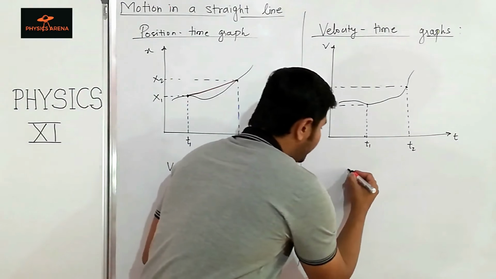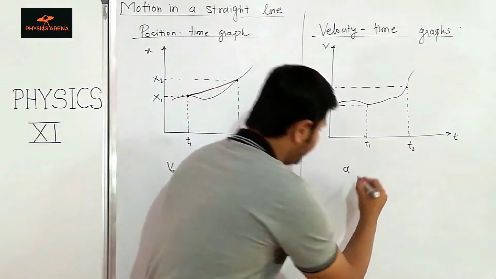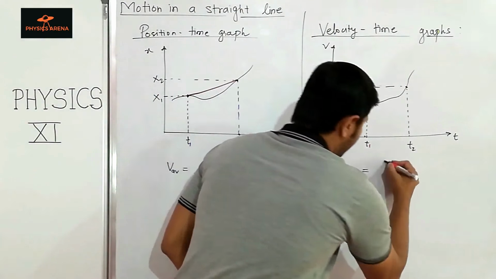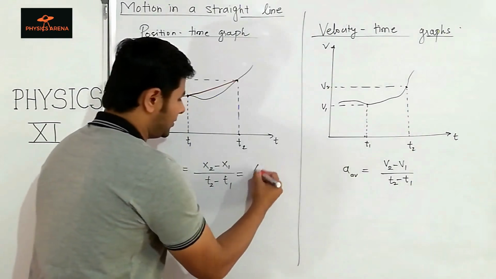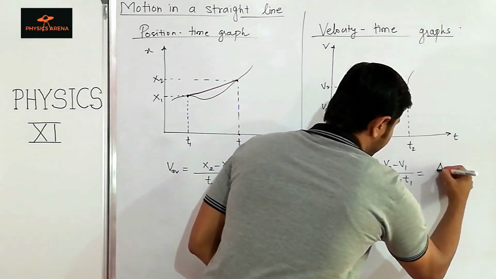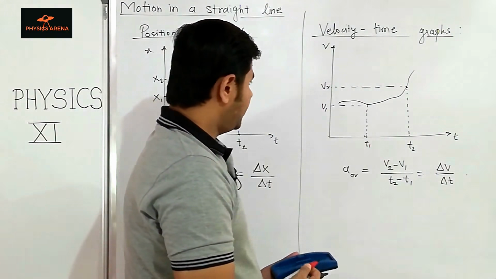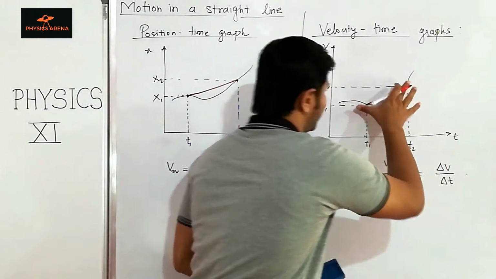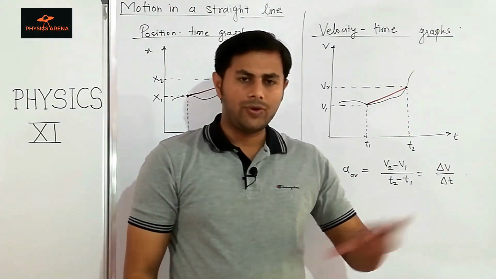If I want to find acceleration, and now this is average acceleration, so the suffix av is for average, a average is equal to v2 minus v1 divided by t2 minus t1. So we can write this as delta x divided by delta t, and here we can write this as delta v divided by delta t. And it will also be the slope of this line joining these two points, which corresponds to uniformly accelerated motion.